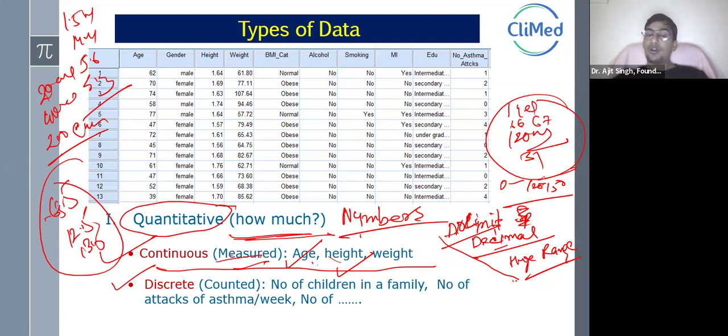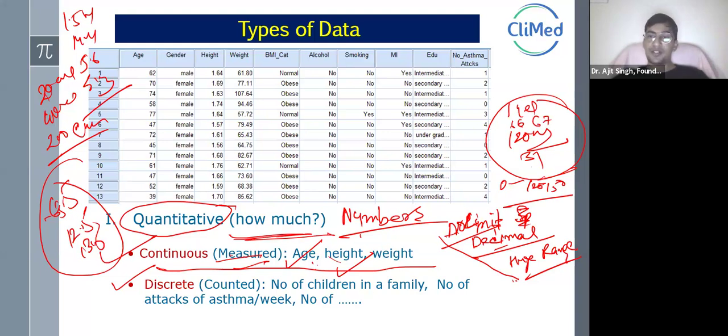So age, height, weight, blood pressure, heart rate. I'm giving you these examples. These kinds of data are called numerical data. Numbers.